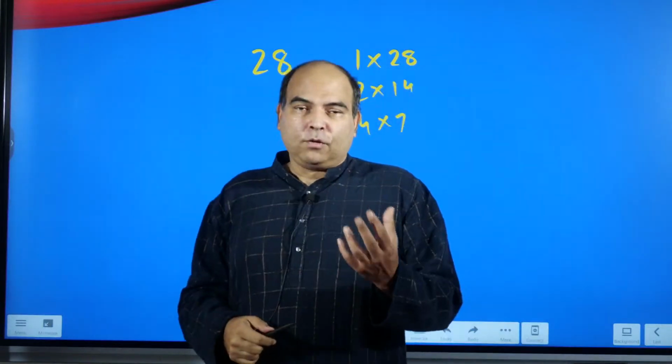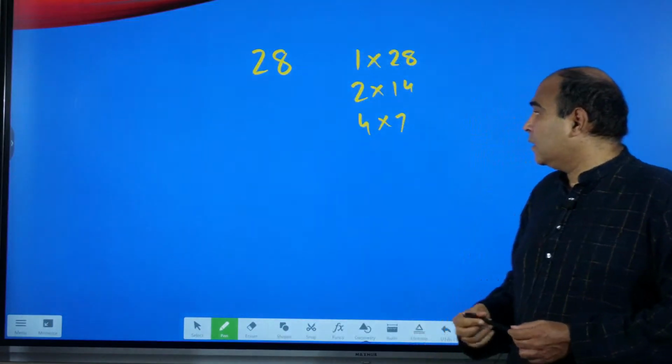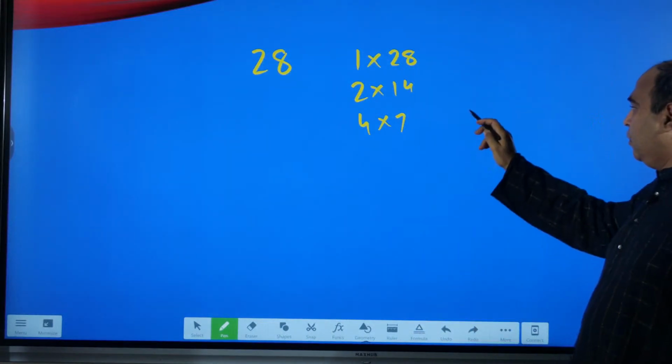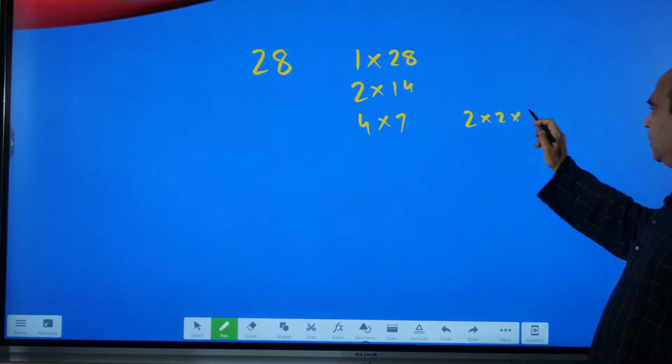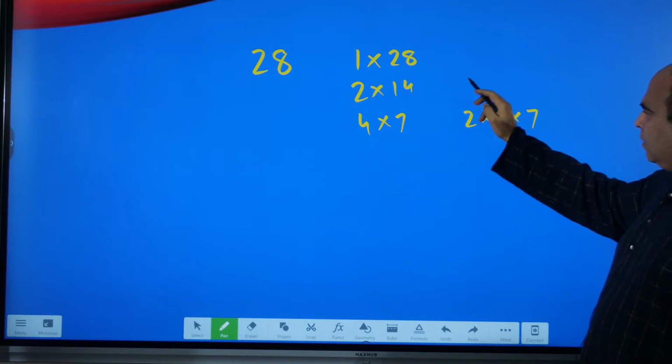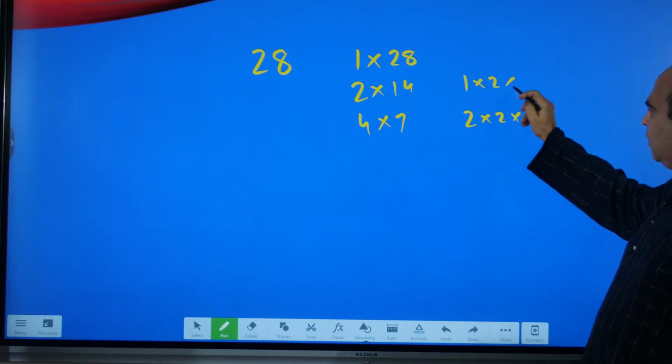If I try to split it into three parts, 28 can be 2 into 2 into 7. It can also be 1 into 2 into 14.